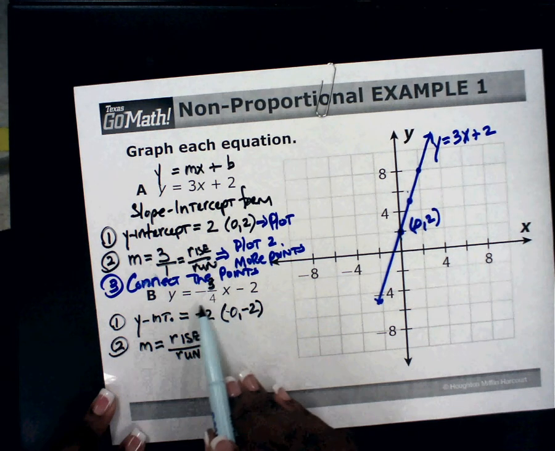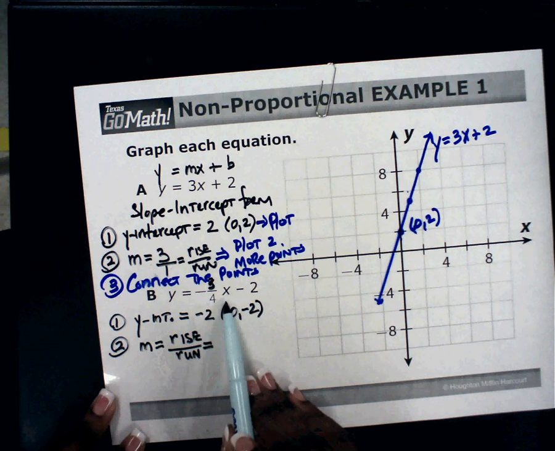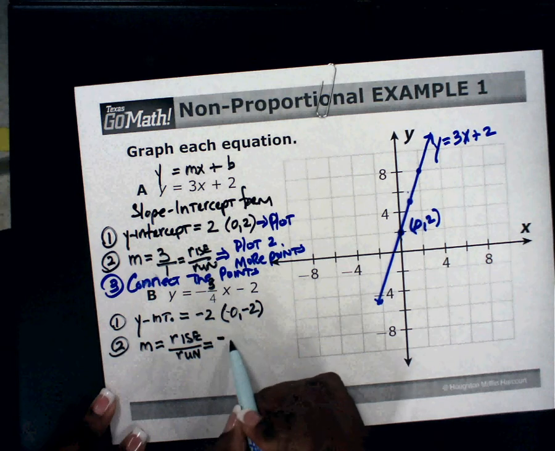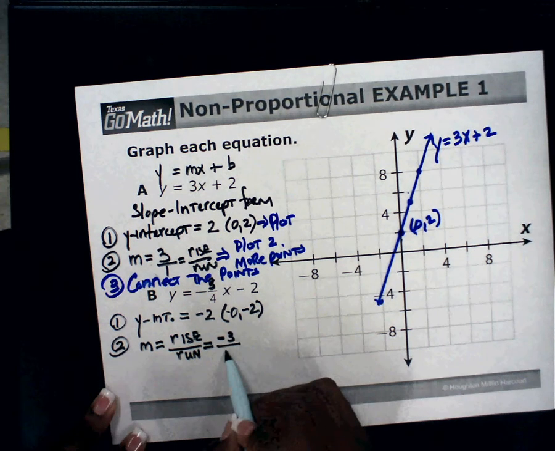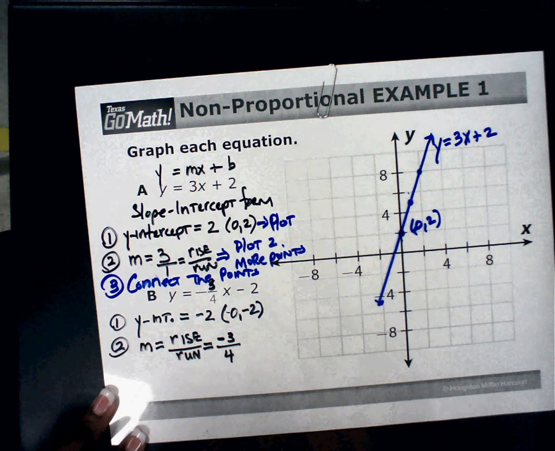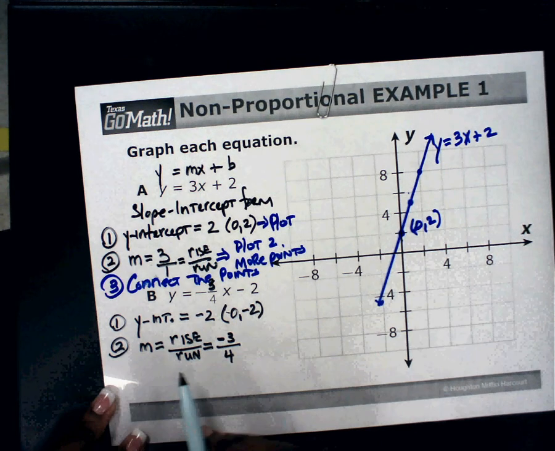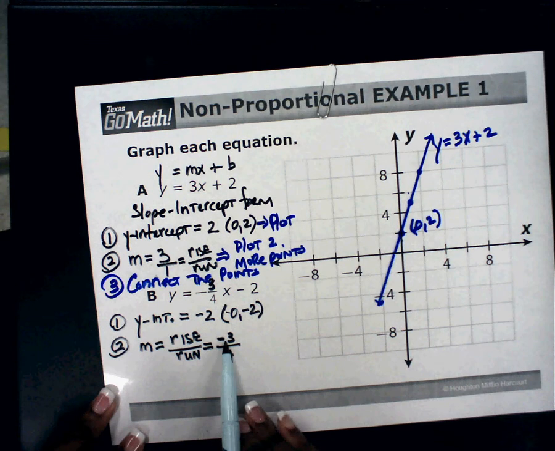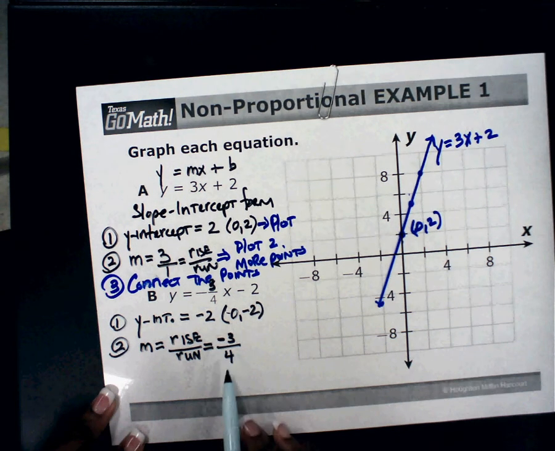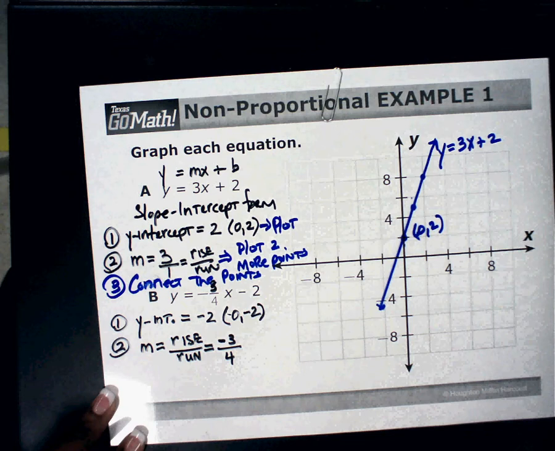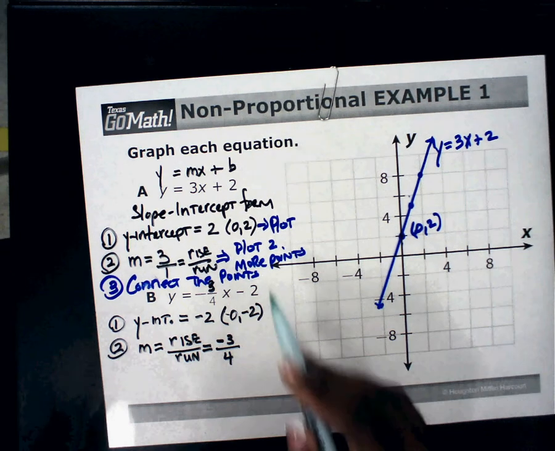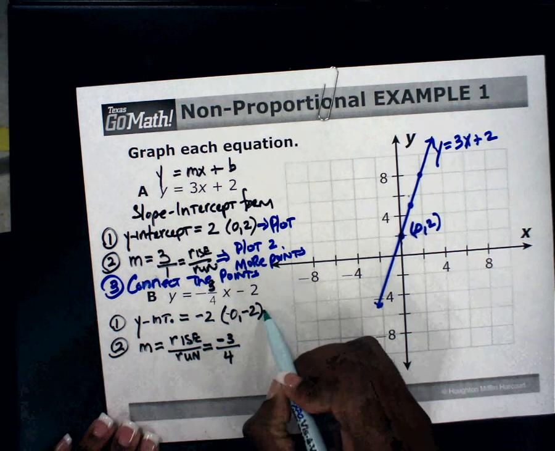Looking at our equation, the coefficient of x is -3/4, so I'm going to put the negative in the numerator, and the denominator is a positive 4. So my rise for the second equation is -3, and my run is 4. Just like we did in the first equation, the same thing we're going to do here.